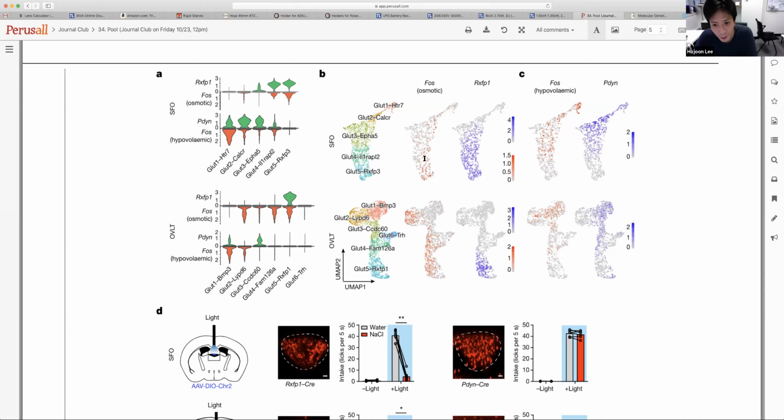Based on this, I don't know if I would have settled on RXFP1, right? It seems like LYPD6 might be a more discrete population. And part of this is because all this clustering is arbitrary. There are algorithms behind it, but it doesn't necessarily correlate with function. Right? And this is based on statistics.